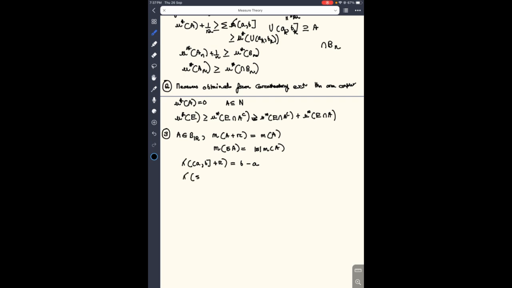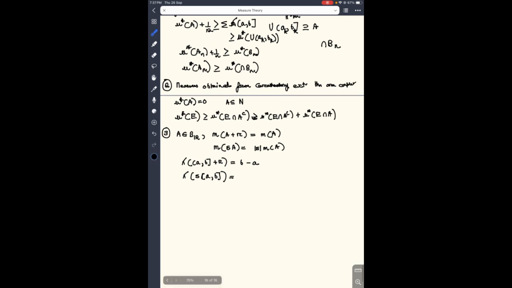Similarly, lambda of s(a, b): if s is 0, then it is 0. If s is positive, it is just s times (b minus a). If s is negative, it is minus s times (b minus a). So in all cases, this is mod s times (b minus a).